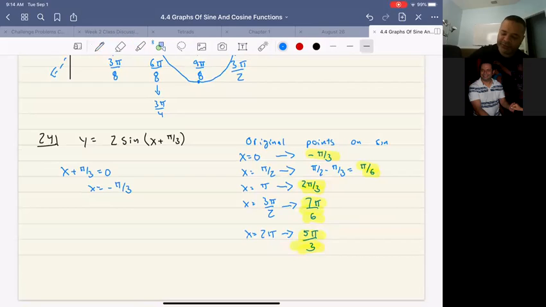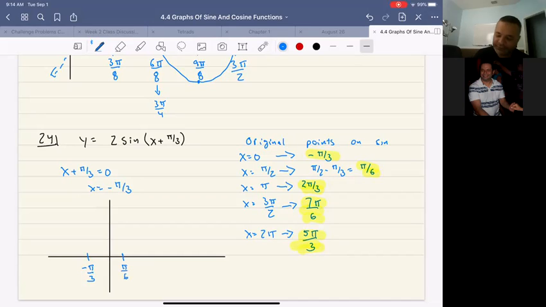Okay, and now I'm just going to graph the sine off of these. So start out at negative pi over 3, which I'm going to say is here. Okay, pi over 6 is about here, let's say. Okay, because I'm not trying to be perfect here.